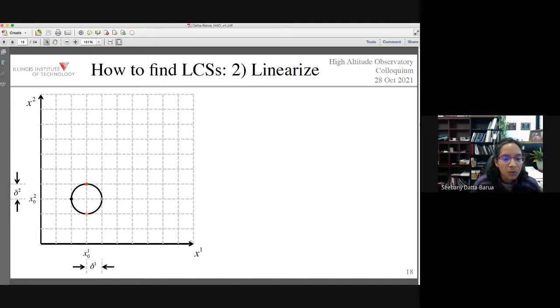I'm going to use superscripts to designate the coordinate direction. So x1 is my horizontal coordinate, x2 is the vertical one. And I'm interested in small deviations away from x naught, which is here at the location x1 naught and x2 naught. So I will consider small deviations away, delta 1 along the x direction.